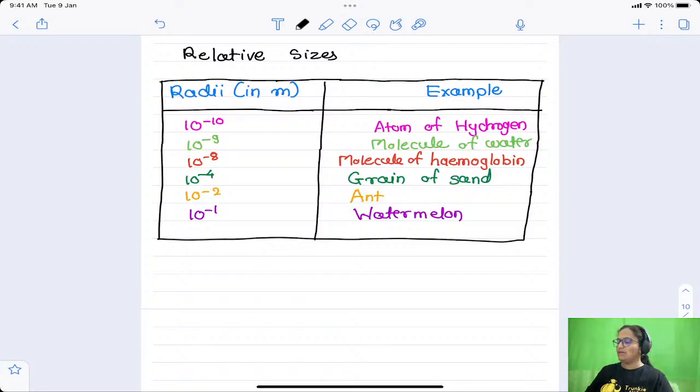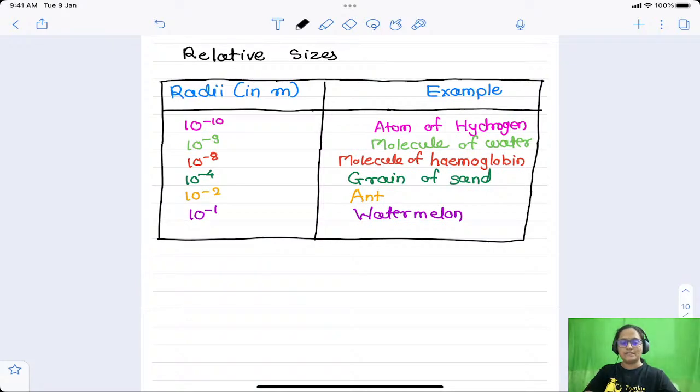That was compared with the sizes of a molecule of water, hemoglobin, grain of sand, ant and watermelon. So it's clear that an atom is really a very small or tiny particle of any matter. So that's all for today.